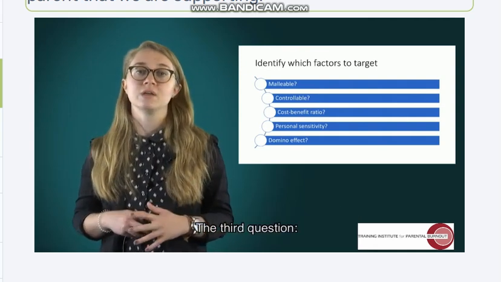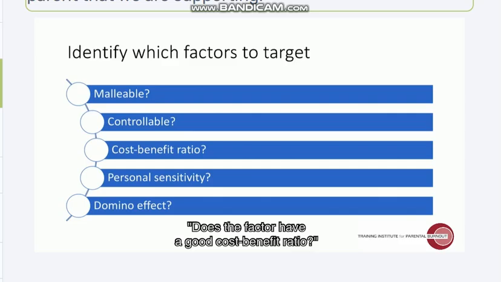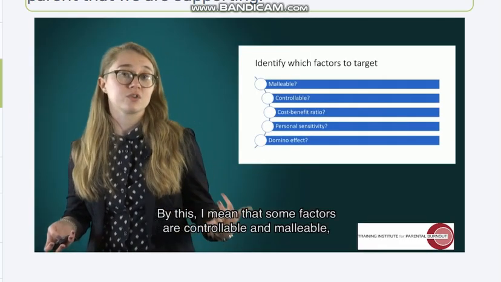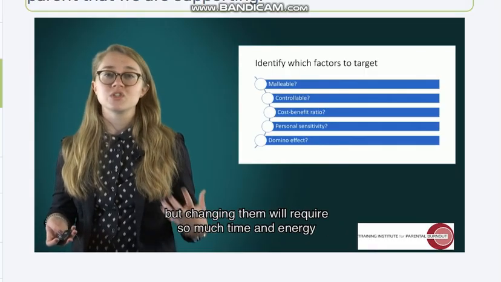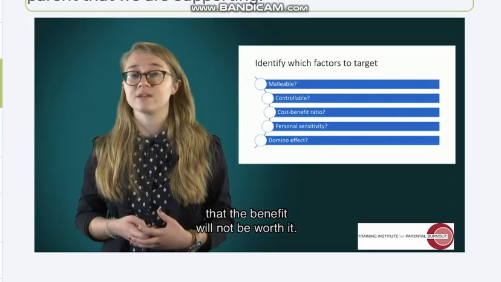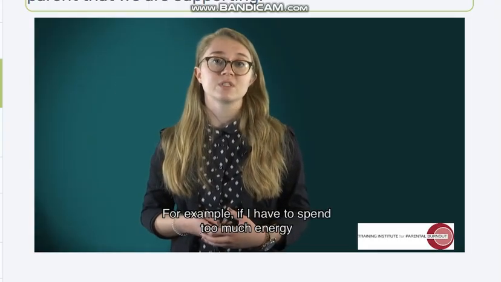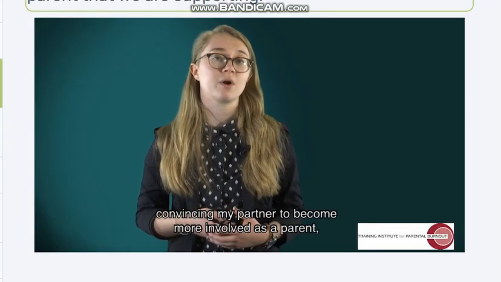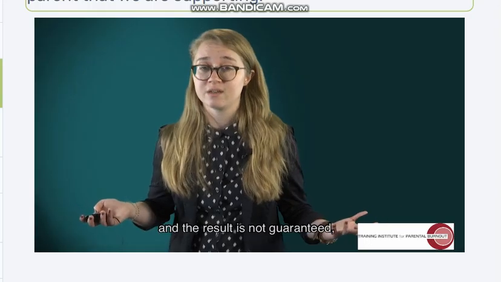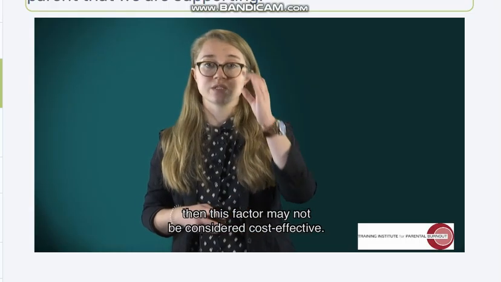The third question, does the factor have a good cost-benefit ratio? By this, I mean that some factors are controllable and malleable, but changing them will require so much time and energy that the benefit will not be worth it. For example, if I have to spend too much energy convincing my partner to become more involved as a parent, and the result is not guaranteed, then this factor may not be considered cost-effective.